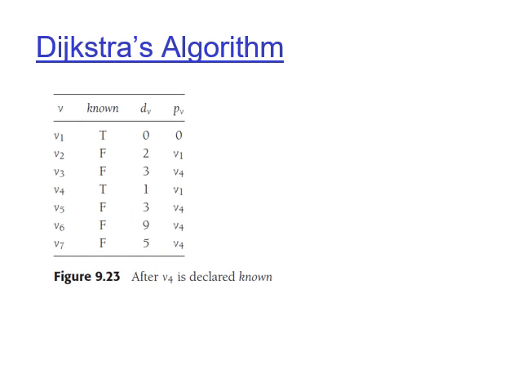Now, look at the adjacent nodes or the neighboring nodes of V4, V3. So the shortest path weight of V3 from V1 is 2 plus 1, which is 3. The shortest path distance of V5 is also 3. And the shortest path distance of V7 is 5.